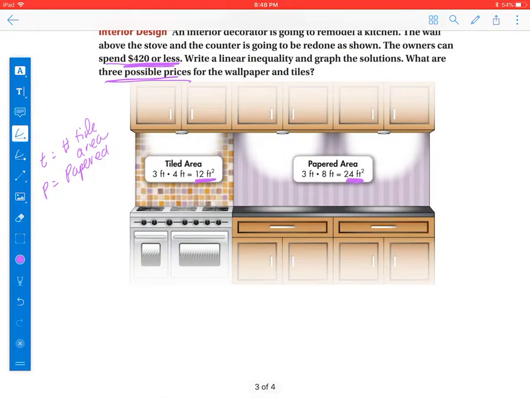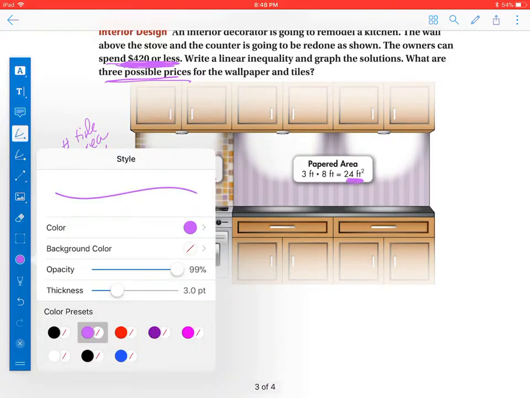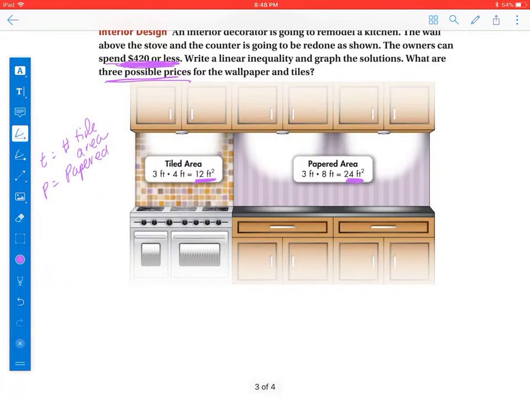Okay, so I'm going to set up t. Now, let me step back here real quick. When I talk about setting up an inequality, I want to make sure that I'm using the right symbol and that I set what the right side of my inequality should look like, or the left. Because we're used to seeing our total on the left side, that means that the 420 is the maximum.